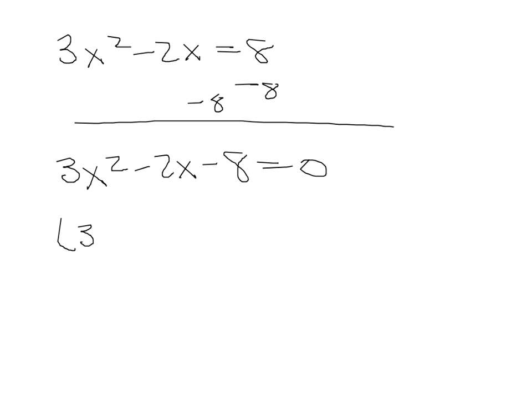And now 3 factors into 3 and 1. And now I have to figure out about 8. 8 could factor into 8 and 1 or 4 and 2. Now the signs are different, and whichever one ends up being bigger is going to be the negative.